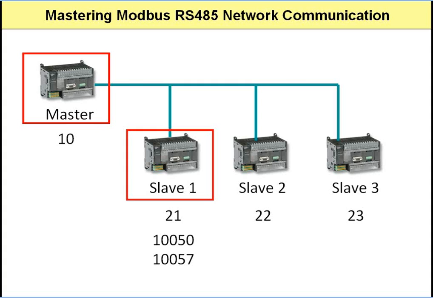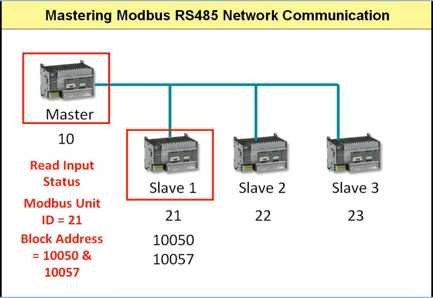So immediately, what the master needs to use is a read input status command, because 10,050 and 10,057 are within the inputs memory area of the particular slave, in this case slave 1. So in order to achieve its purpose, the Modbus master has to send a read input status command with the Modbus unit ID of 21 because it's going after slave 1, and ask for the data in memory blocks 10,050 and 10,057.